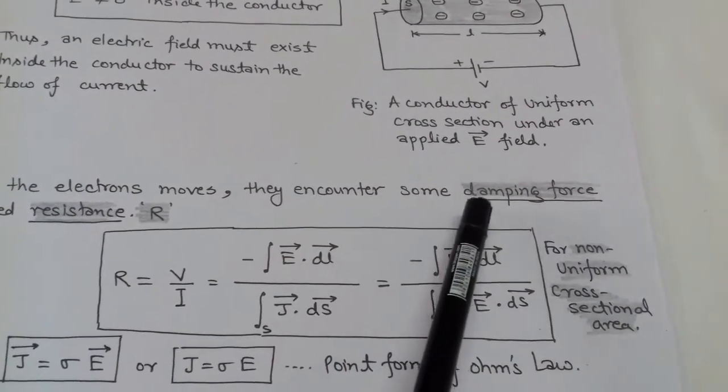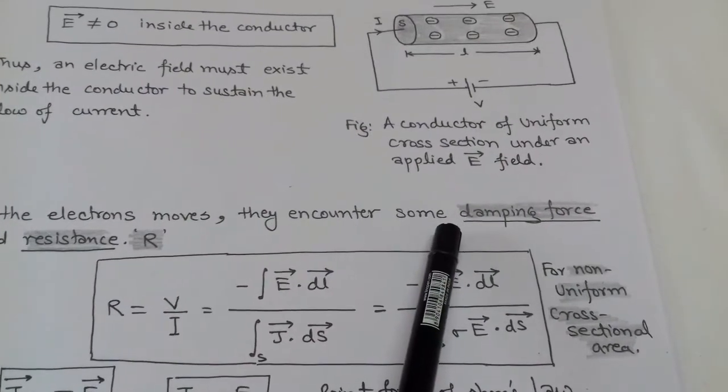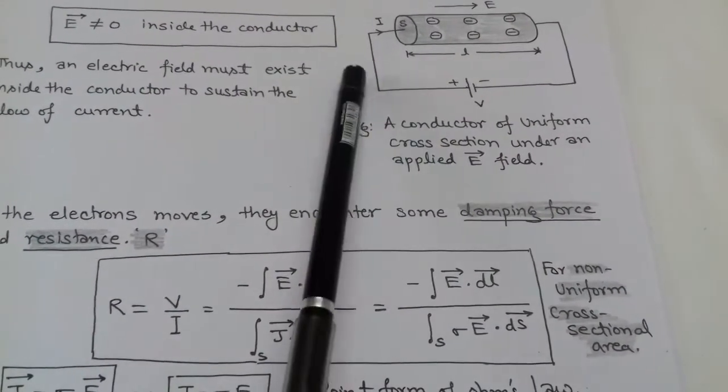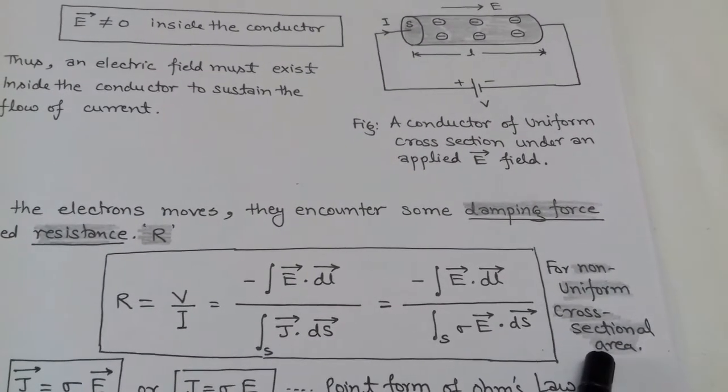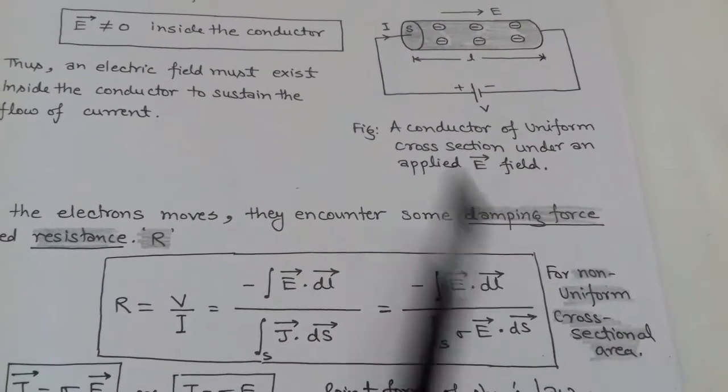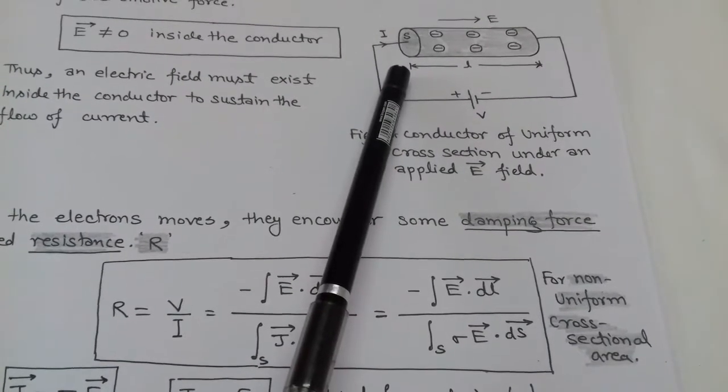Now we assume that this conductor has a non-uniform cross-sectional area. This figure is a uniform cross-sectional area.